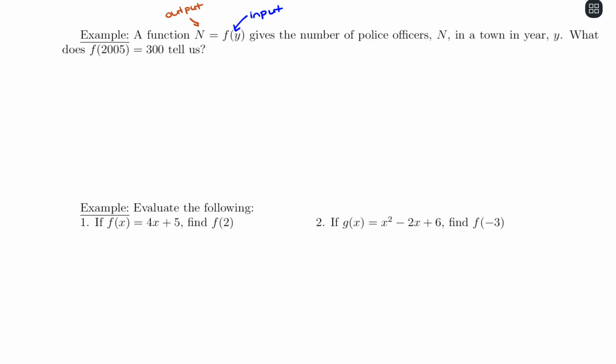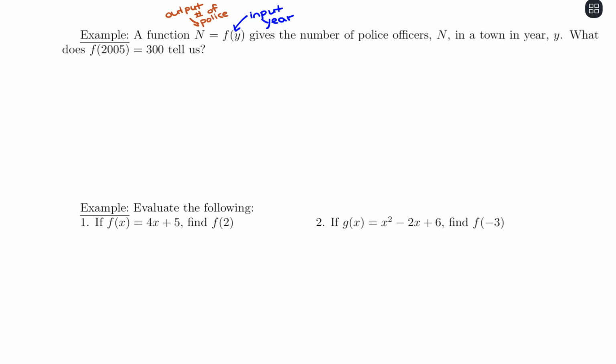All right, so n equals f of y gives the number of police officers n in a town in year y. So this input y is representing year, and this output n is representing the number of police officers.